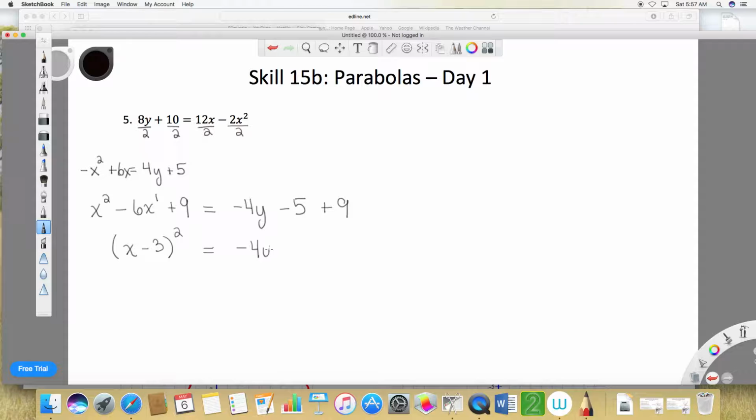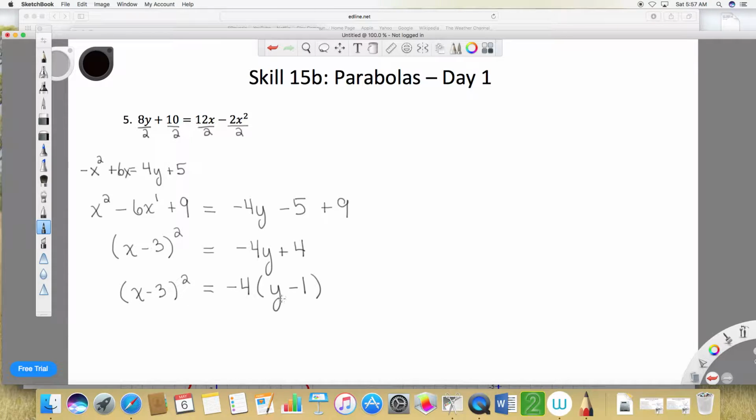So we have negative 4y plus 4. We need this coefficient in front of y to be 1. Let's factor a negative 4 from each term. That'll change the sign. Negative 4 times a negative 1 is positive 4.